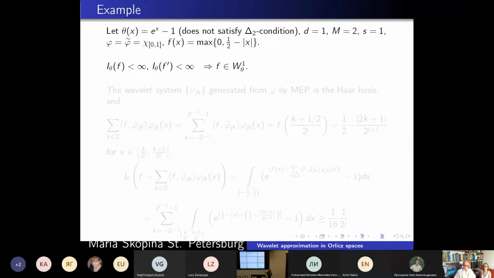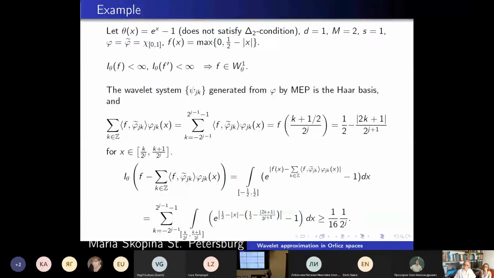But not so bad, because we have an example. This theta does not satisfy the delta 2 condition, and the estimate is sharp, it cannot be improved for this function.